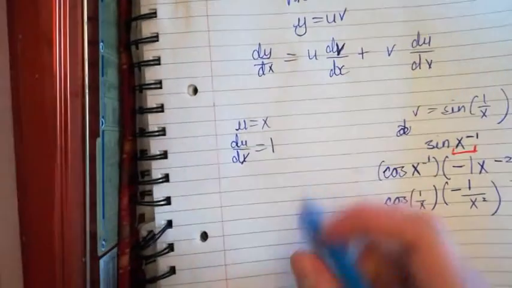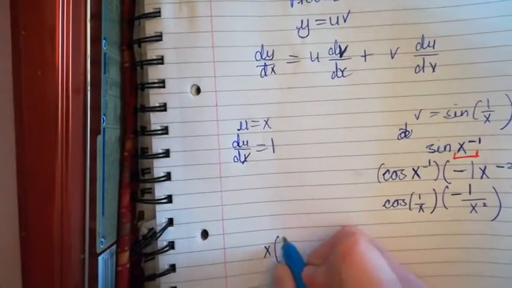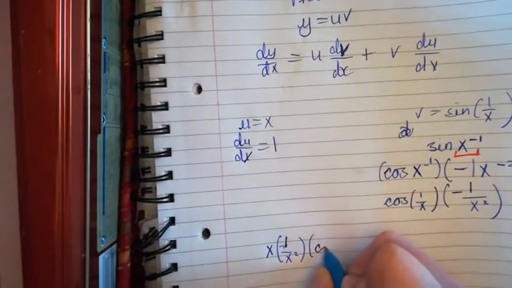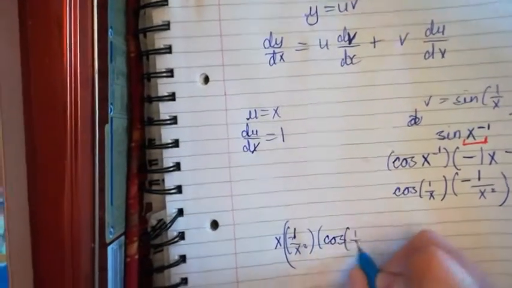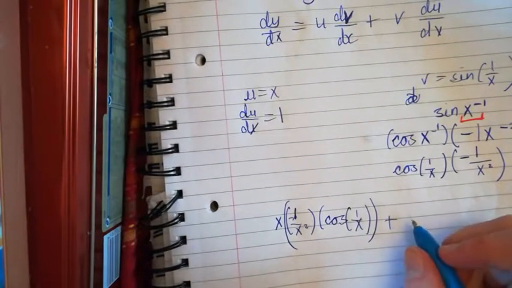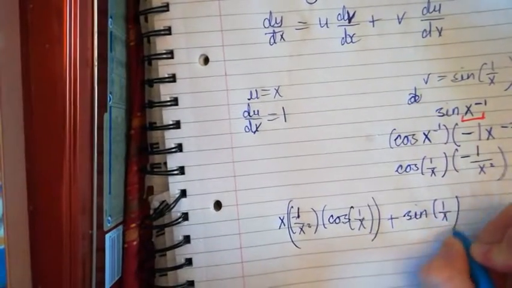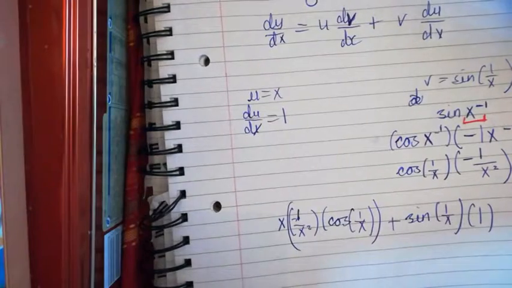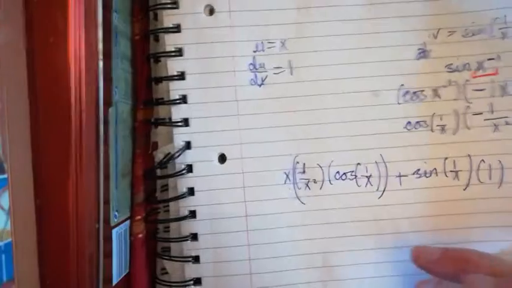So it's going to be u, which is x, by dv dx, which is minus 1 over x squared, by cos of 1 over x, and then plus v, which is sin 1 over x, and then by du dx, which is just 1. We were just asked to find dy dx, so I'm going to tidy this up a little.